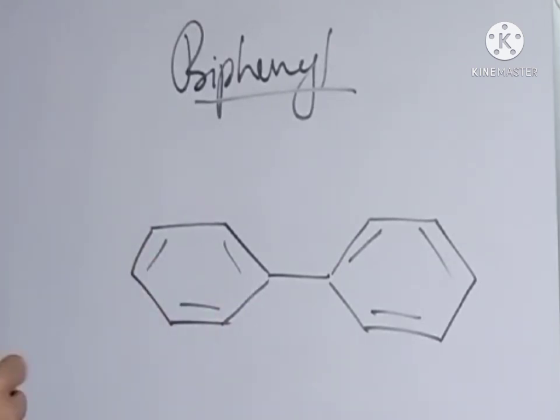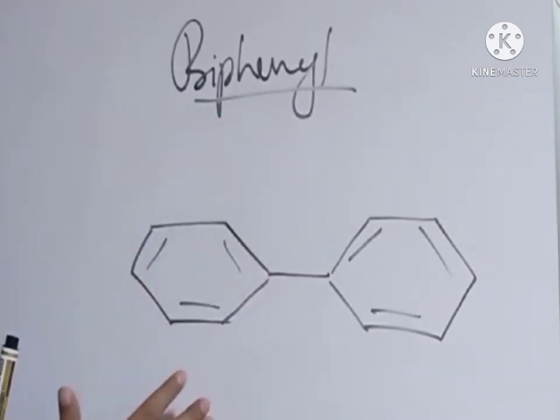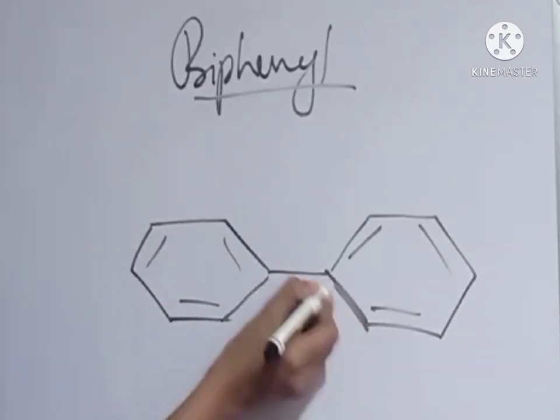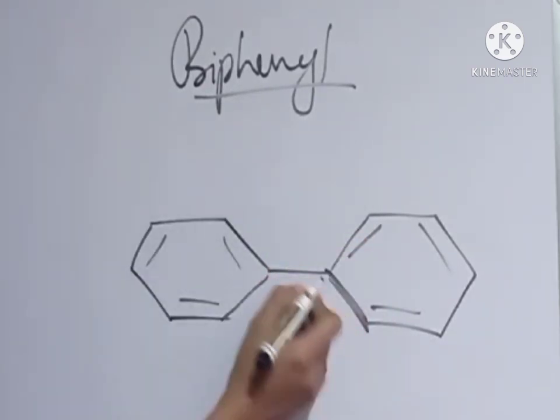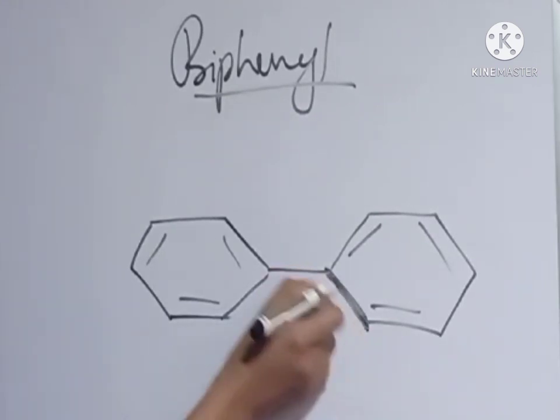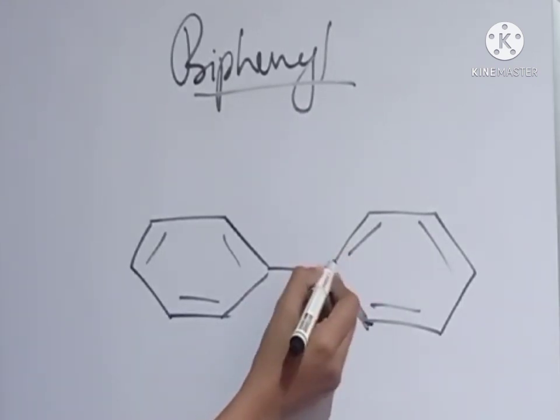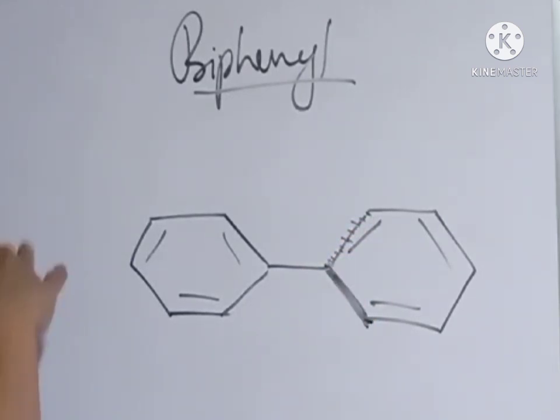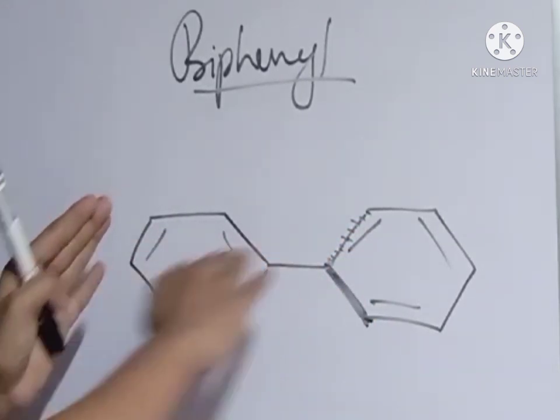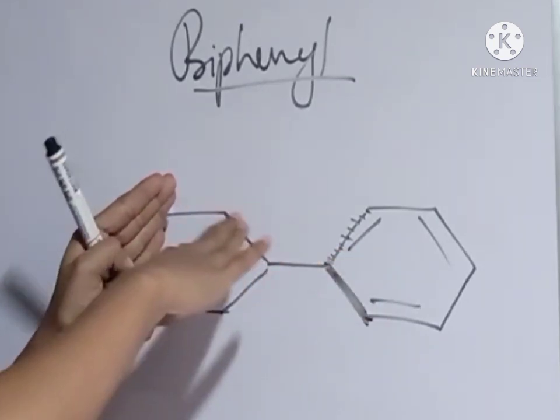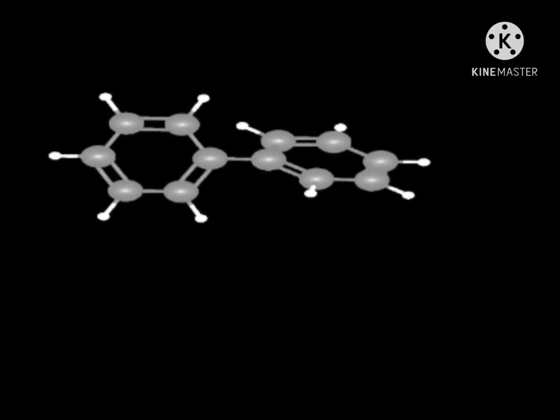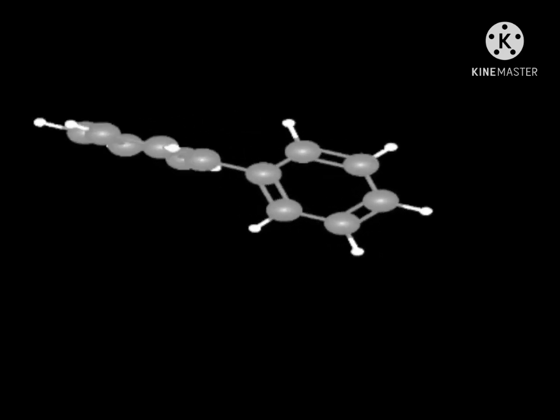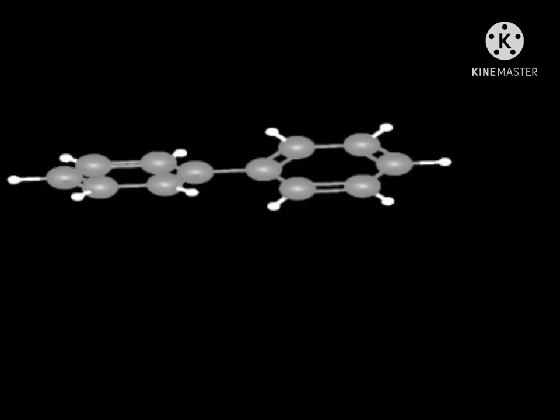We have to think that one of the benzene rings is lying on the plane and the next one is perpendicular to this plane. That is, this is projecting towards us and this is projecting backwards. That is, these two benzene rings are perpendicular to each other. It is clear from this three-dimensional model that these two phenyl rings are perpendicular to each other.